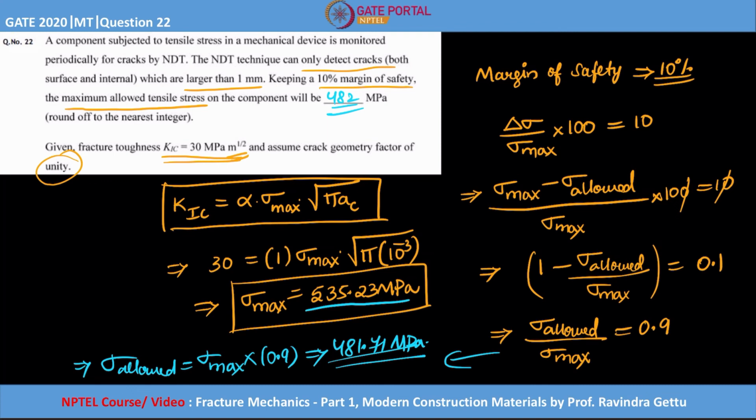That means if the margin of safety is 10% here, whatever is the maximum value that the machine can sustain, they tell you 10% lower. They only give you 90% of the maximum or theoretical value. That is what this is. This is nothing but 90% of what we have calculated, right? So that is the concept of margin of safety.